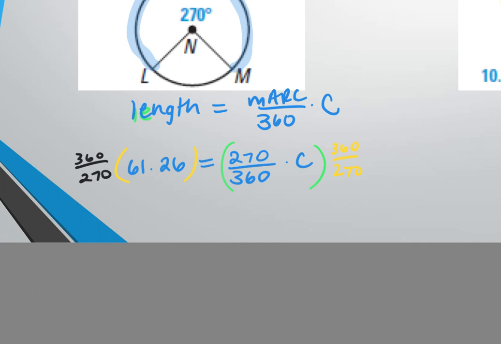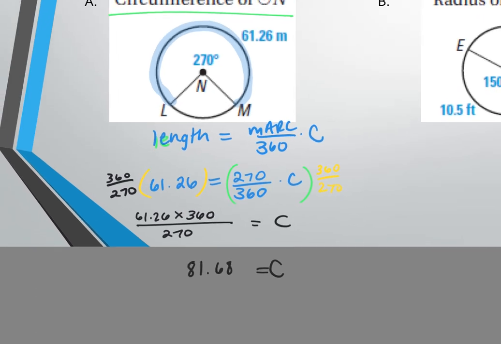Or I could have simplified and then done it. It doesn't matter because you have the calculator. It doesn't matter what order you do that in. So I would do 61.26 times 360 divided by 270. In the calculator, I did 61.26 times 360, and then I took that answer and divided it by 270. And circumference is 81.68. This time it's meters.